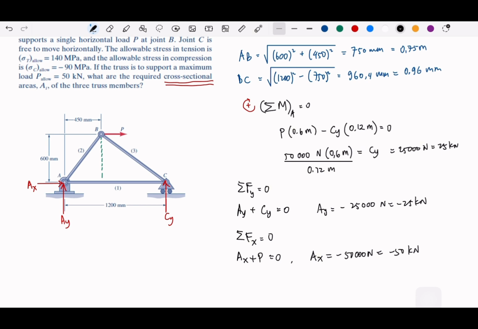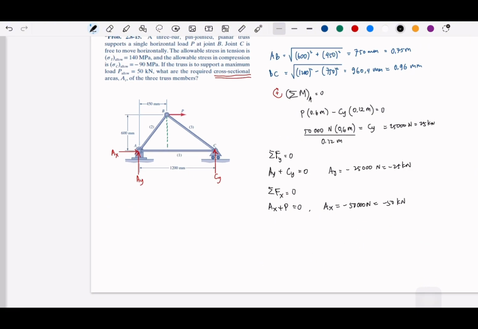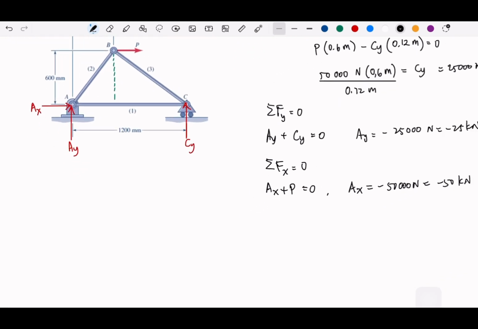We know only CY on the C, so we could take observation only for point C. Here we have F3 and F1, and then the CY, right? We have CY here.